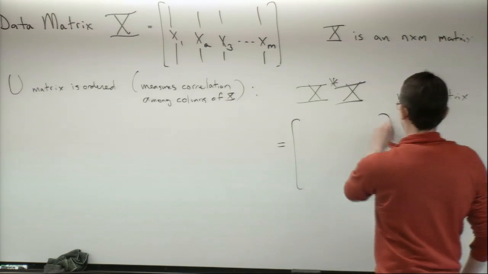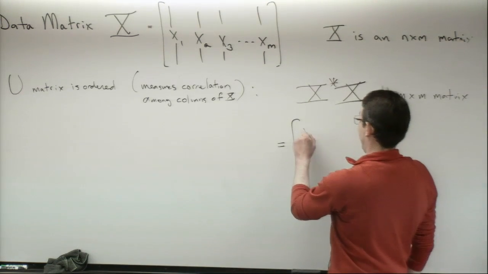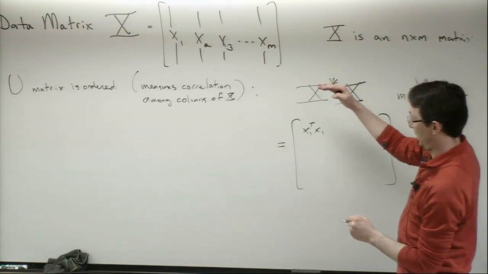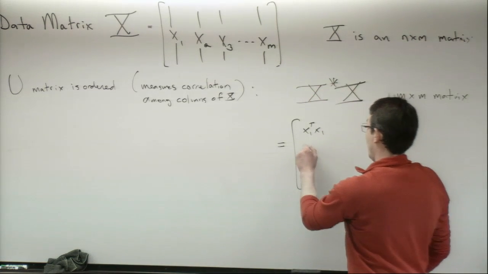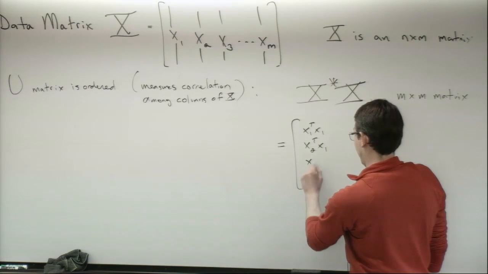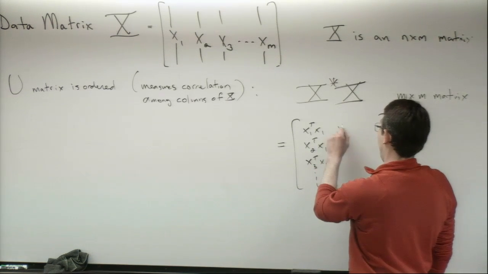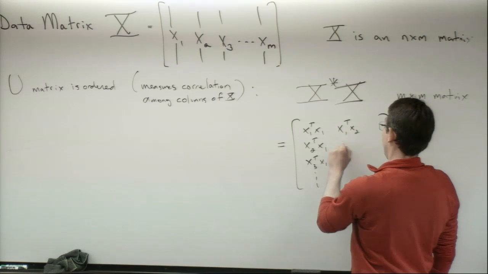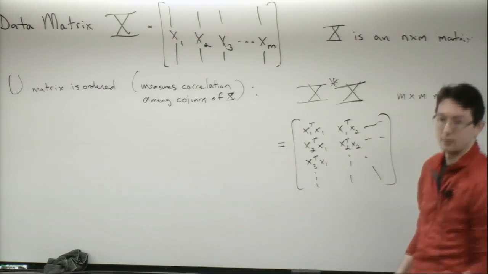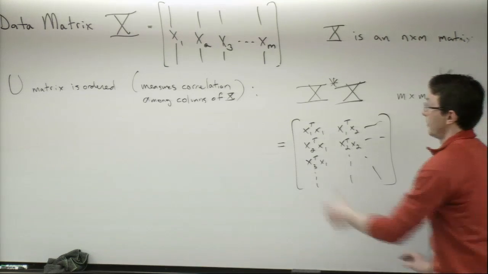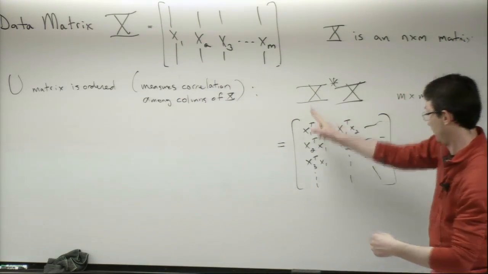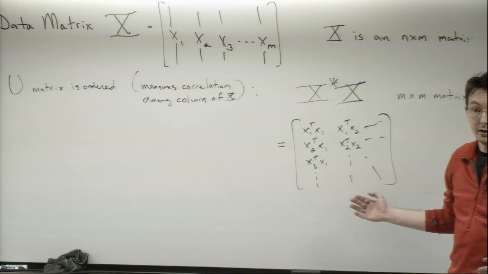This is a big matrix, m by m, of x1 transpose x1, x2 transpose x1, x3 transpose x1, dot, dot, dot, x1 transpose x2, x2 transpose x2, and so on. I literally just take every column of X and I inner product it with every other column of X, and I build out this huge matrix of inner products.